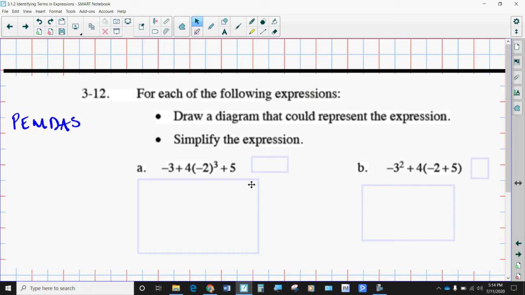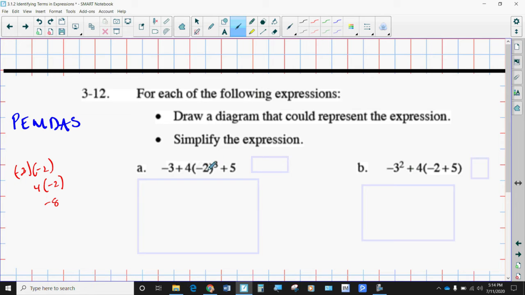Okay, I'm assuming you copied them down, you worked through, and you think you've got an answer for each one. So let's start with A. The priority here has to do with the exponent, correct? We do have parentheses, but inside the parentheses, you already have a simplified expression. It's just -2, so there's nothing more to do there. So we will go to the exponent, which means we have to take -2 and repeatedly multiply it 3 times. -2 times -2 is +4, and then times -2 again gives us -8.